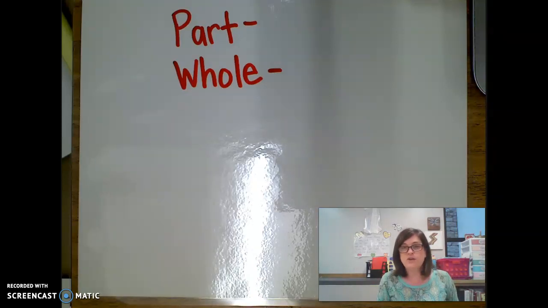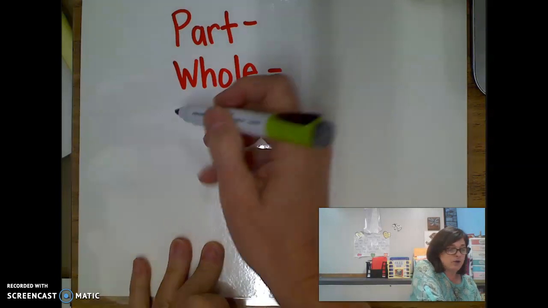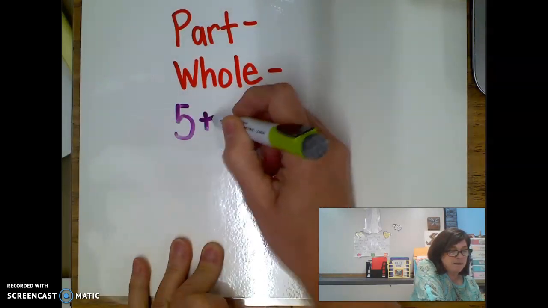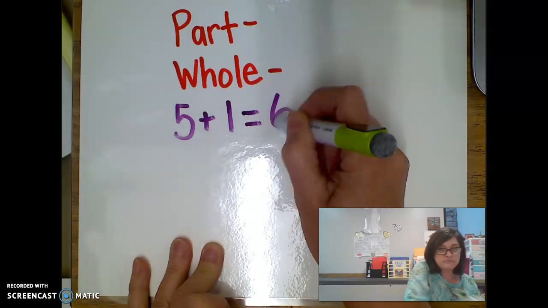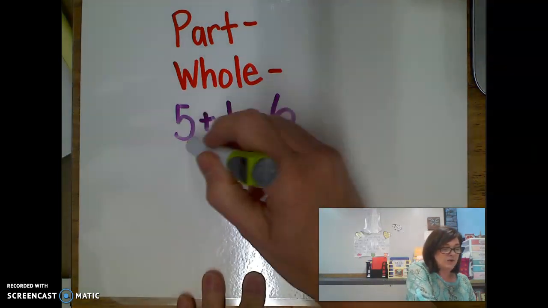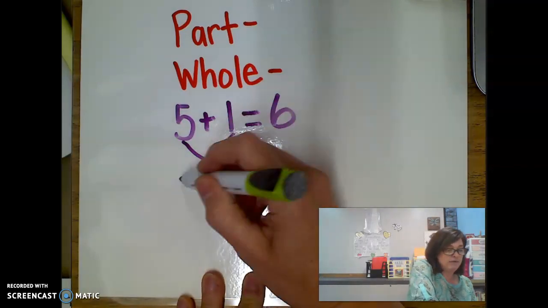So we're going to use those same parts. If I were to do a number sentence, a number equation, I could say 5 plus 1 equals 6. When we were talking about them, these were our two groups. We had a group of 5.